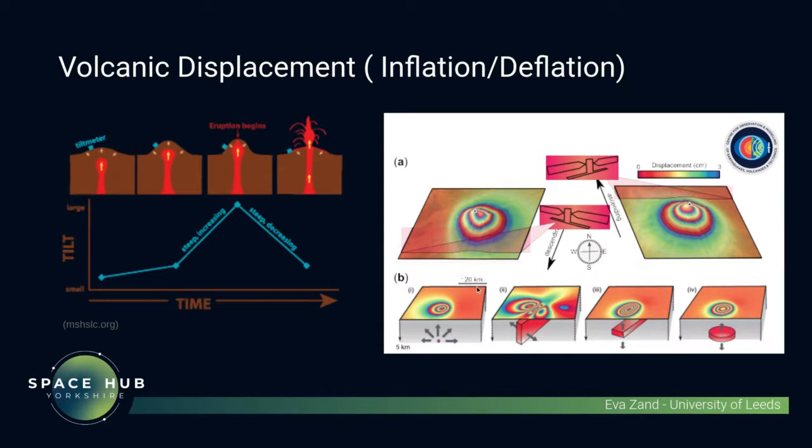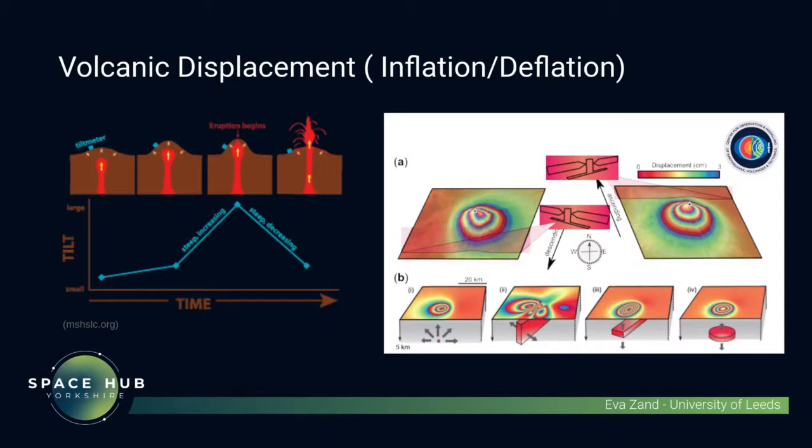And this is where SAR data is really relevant, because you'd need to imagine those radar waves being sent to Earth from the satellite, and they are reflected back to the satellite again as soon as they hit the Earth.